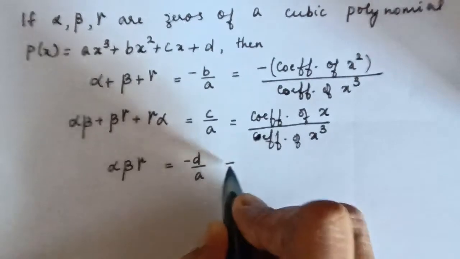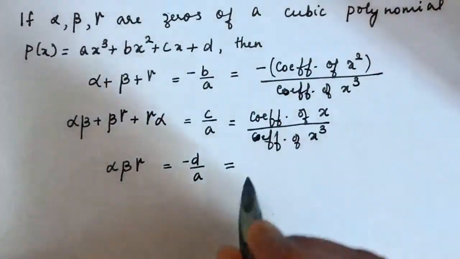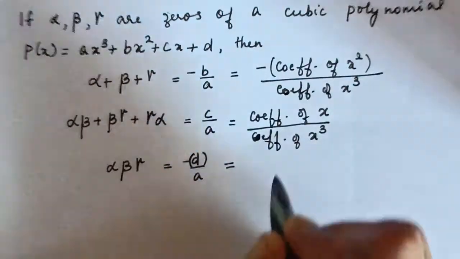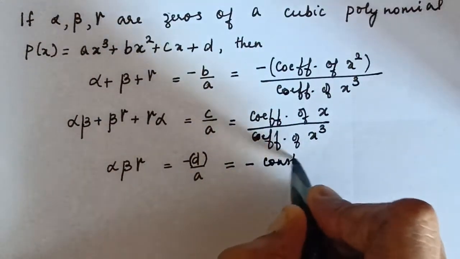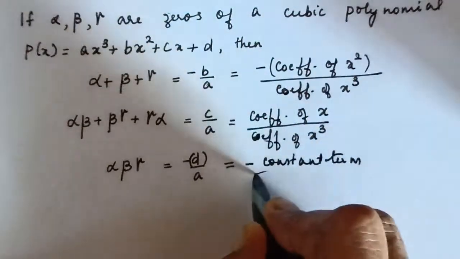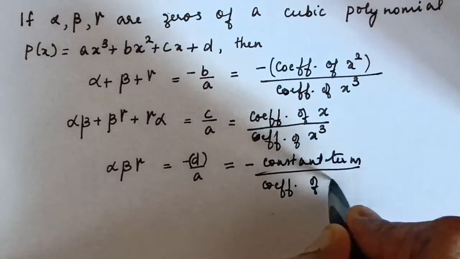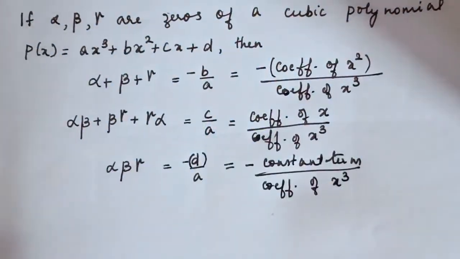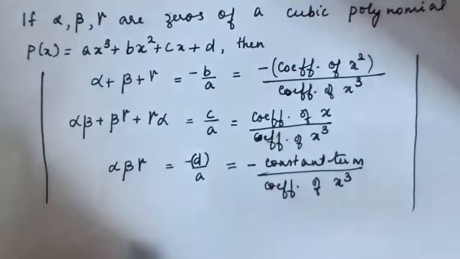Minus d by a means, what is d here? That is the constant term. So we can write it as minus constant term by coefficient of x cube. So this also you have to keep in your mind.